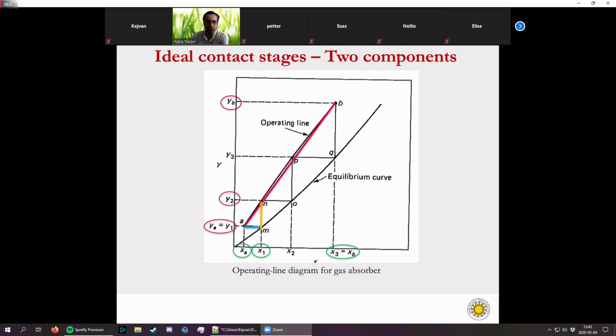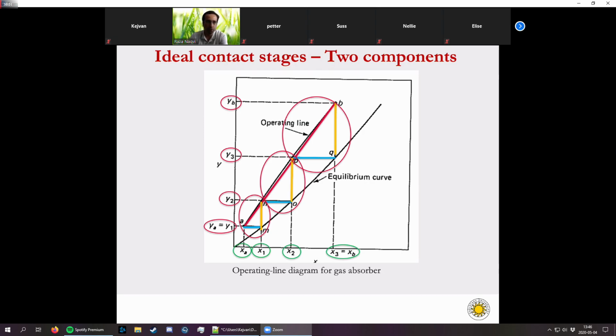Then you start putting in your stages and count them: number one, number two, and number three. So in this kind of system, three ideal stages, or three ideal plates, or three ideal transfer units will be required for a certain separation. I will show you a similar approach that we use in distillation.